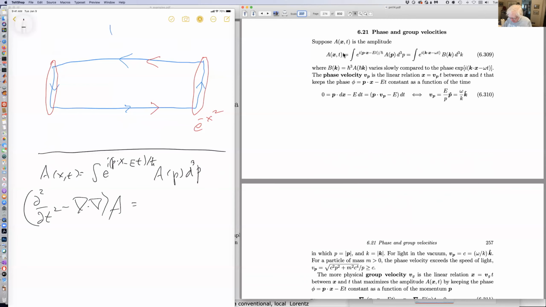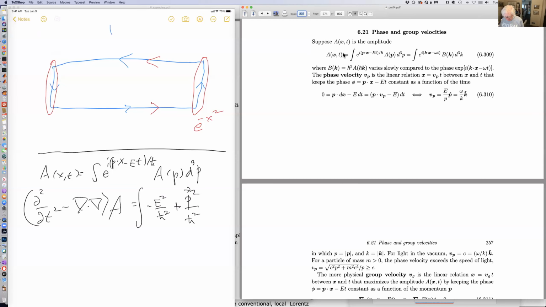Well, the d by dt squared is going to pull down a minus E squared over h bar squared. And then we're going to have minus grad, and the minus signs cancel. So we get plus p vector squared over h bar squared.